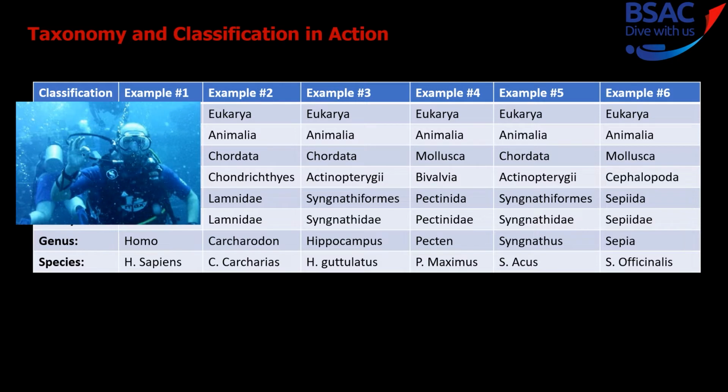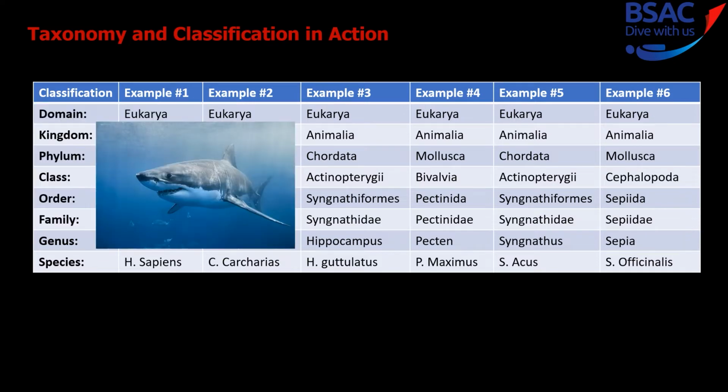And you may be able to recognize some familiar terms of the genus Carcharodon and the species Carcharodon carcharias. And if you're familiar with the film Jaws, then you'll recognize a species here, which of course has a common name of the great white shark.